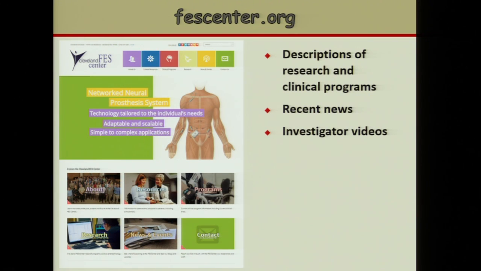We have descriptions of our research programs. If people from the outside might want to participate in these, they can read about them. We have news about what's happening in the community. We have videos. Each investigator will describe their work in plain terms. So there's a tremendous amount of information on our website, and it's very easy to remember, fescenter.org.